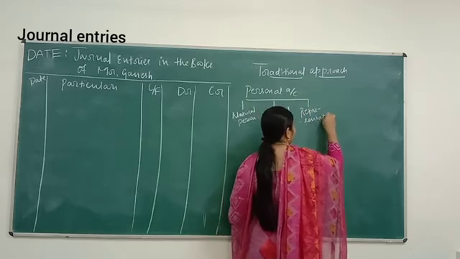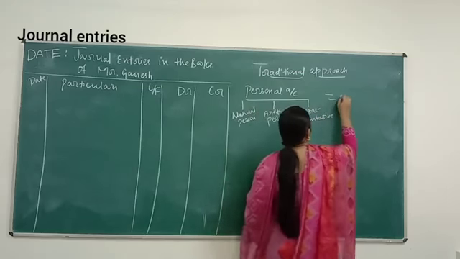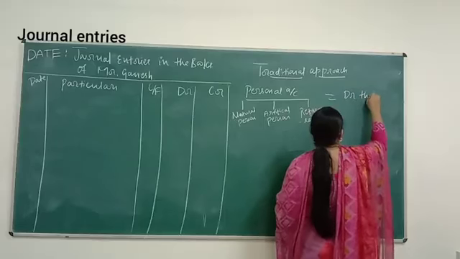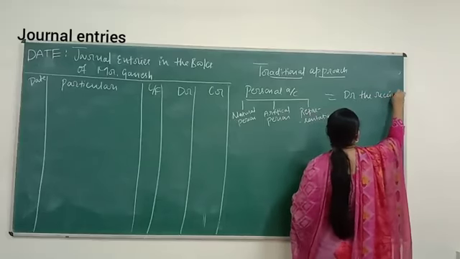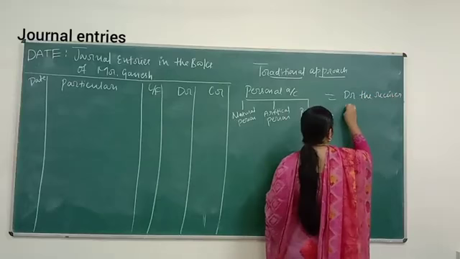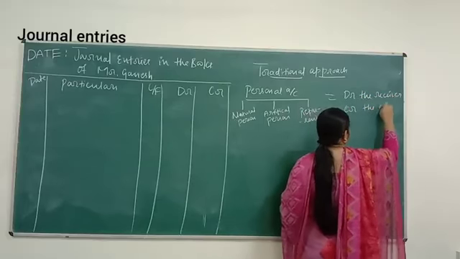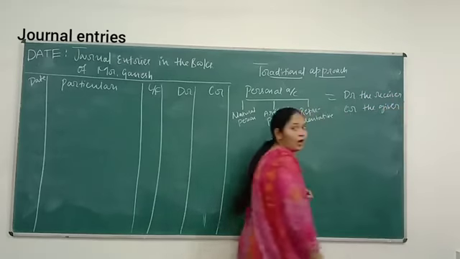What is the rule? Debit the receiver, credit the giver. This is the rule of the personal account.